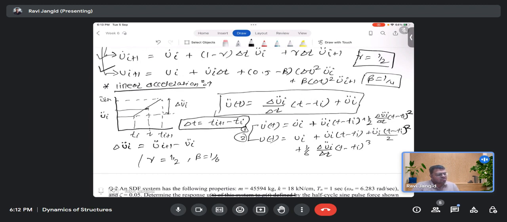This is a simple calculation. So for the linear acceleration method, gamma is 1 by 2 and beta is 1 by 6. For constant average acceleration, gamma is 1 by 2 and beta is 1 by 4.